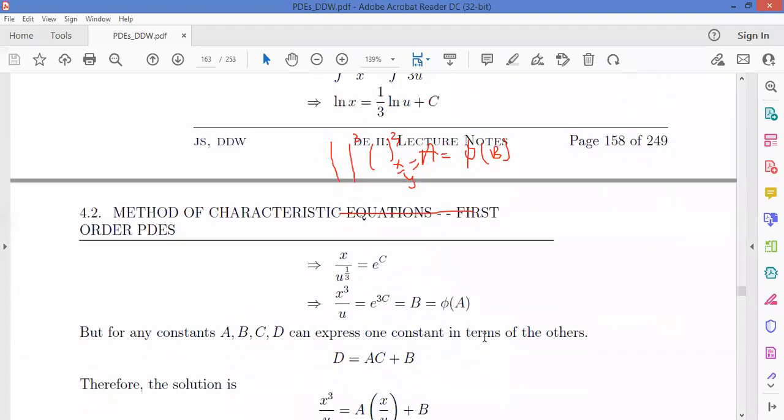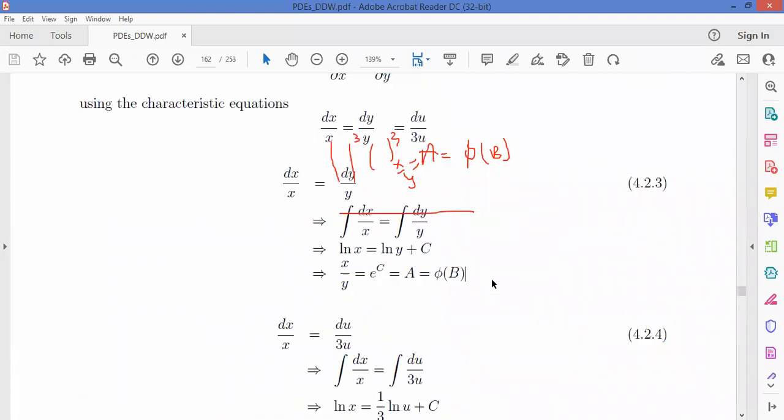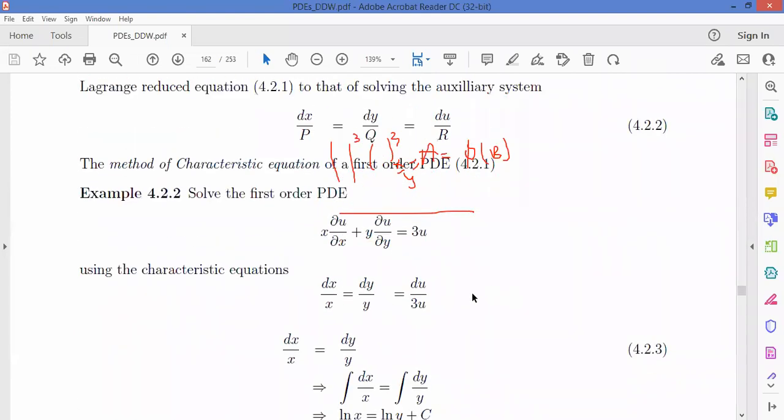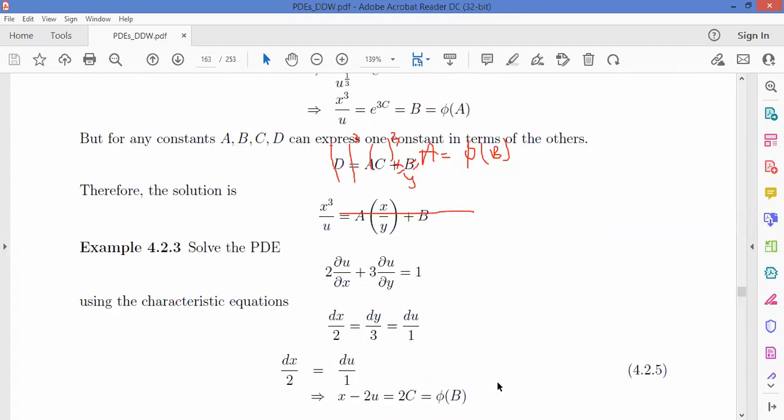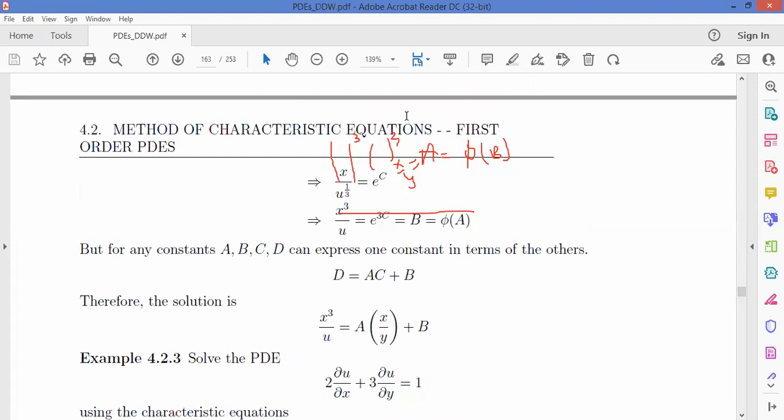And that's why the constant of integration we are referring to as phi of a here and phi of b there is a link. It is what is working as our link between the three decoupled equations, the decoupled system that was derived using the Lagrange reduction method. Okay.